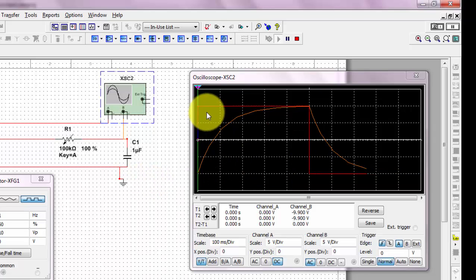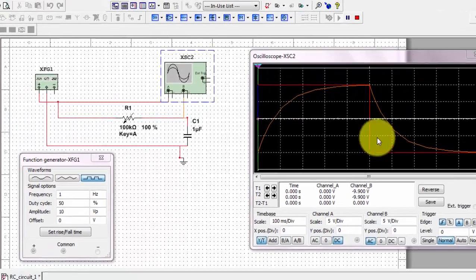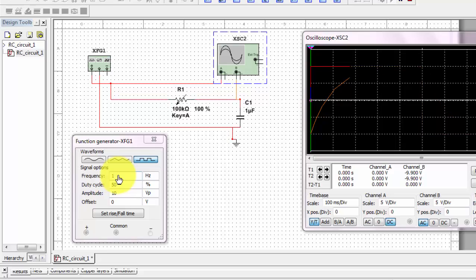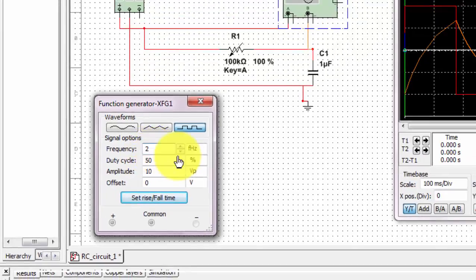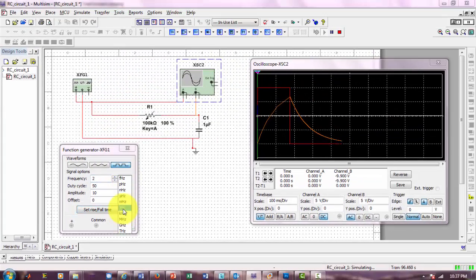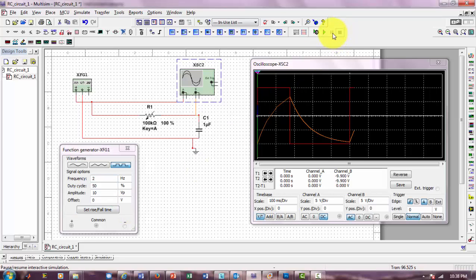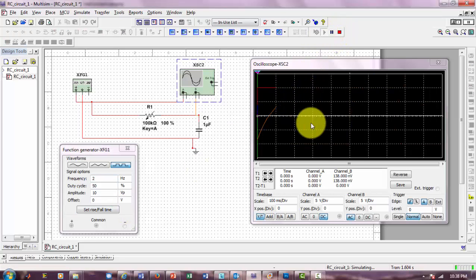Now we can decrease the time to charge by changing the frequency. So we can basically double the frequency, which means the period is less, and so the capacitor won't charge. So if I increase to 2 hertz, and stop it and start this program again, you could see that it didn't get to the 10 volts or the minus 10 volts.